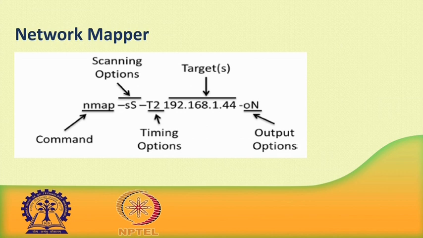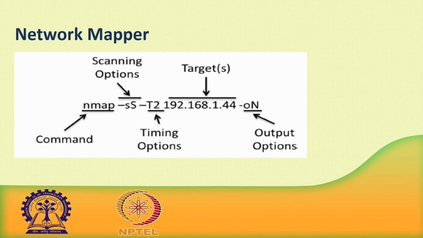Now I am discussing some important scanning options. Dash small s capital S is used for stealth scan. In this type of scan, we basically initiate a TCP connection with the target but never complete the three-way handshake.